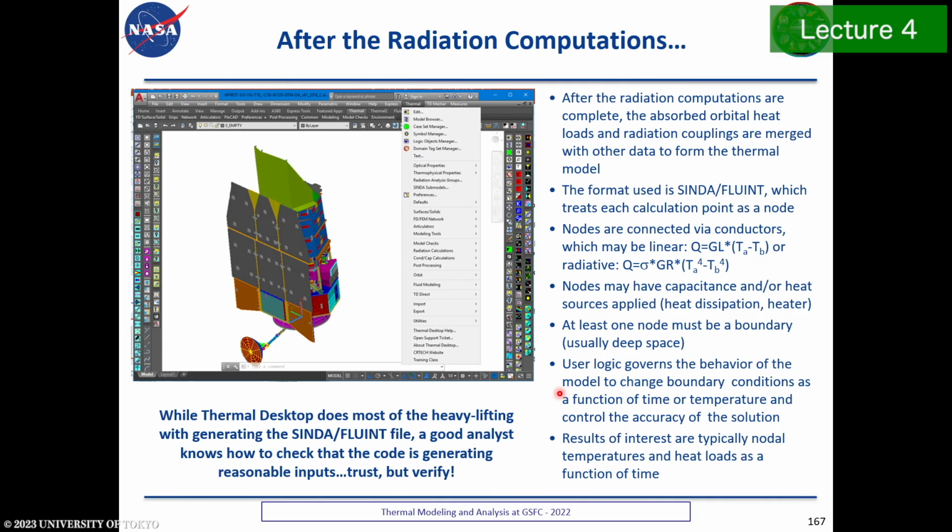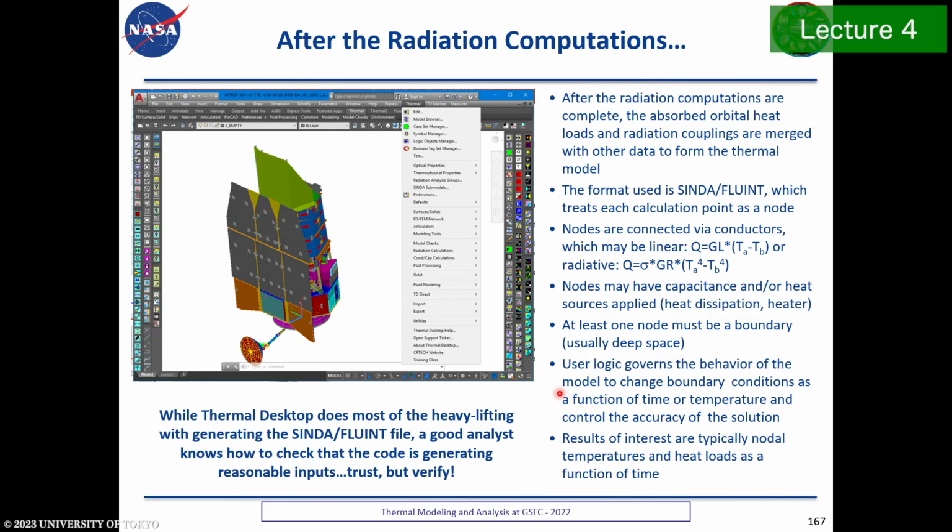In that model, it's basically an electrical analogy. So instead of current and voltage and resistance and capacitance, you have capacitance, temperature, heat flow, and heat applied. And so those nodes are coupled via conductors, which may be linear, so Q equals G linear times the temperature difference, or radiative, Q equals sigma times the radiative coupling times the temperature difference to the fourth.